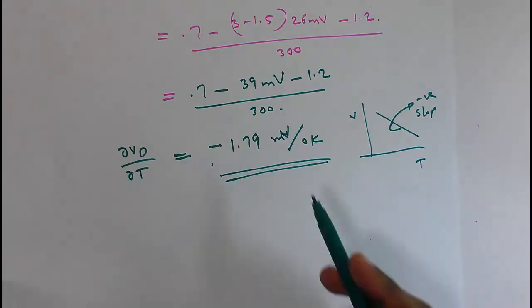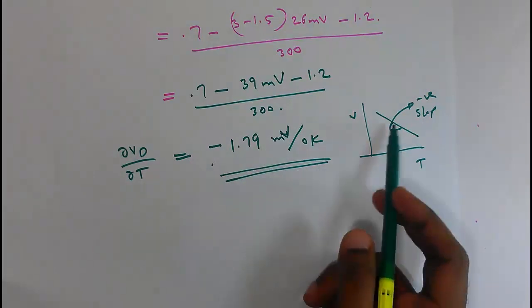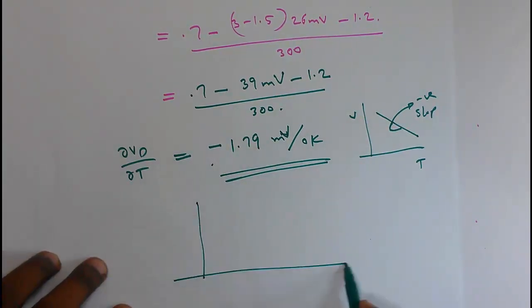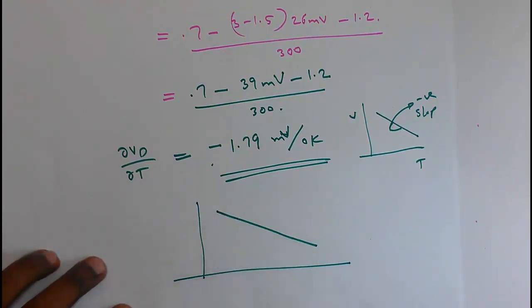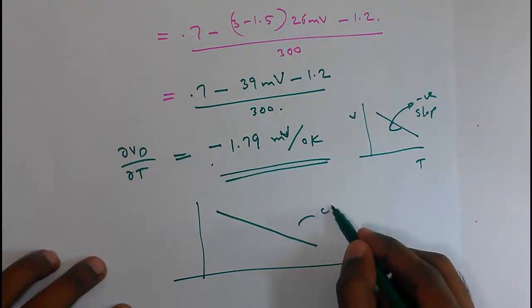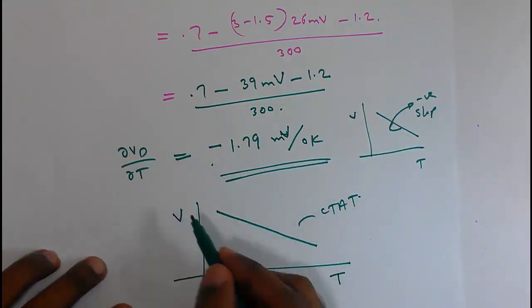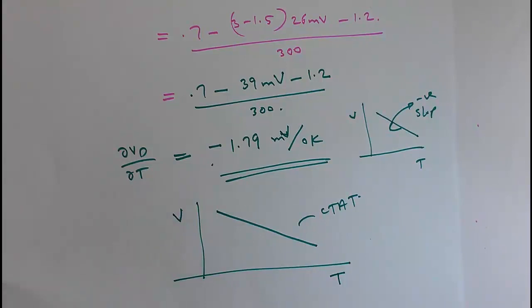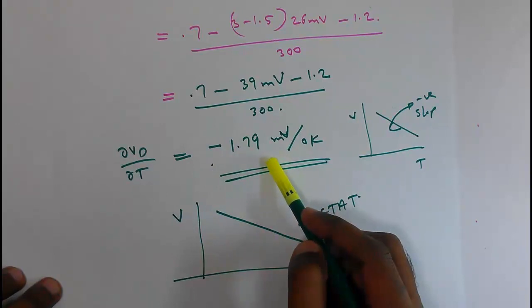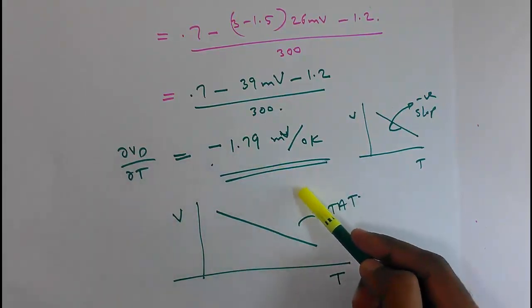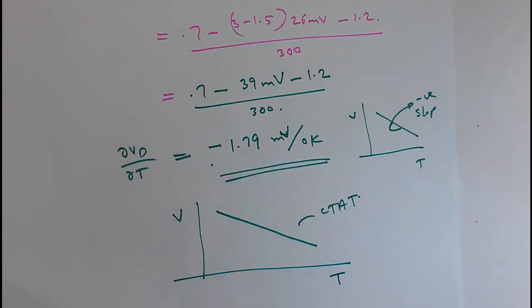Then we found the slope of the CTAT curve, and our summary of this discussion is, even if I0 is a PTAT, the voltage across the diode is CTAT in nature, and the slope is near to 1.79 millivolt. And this is not a very correct value. This value very much depends on the Vd, that is the voltage across the diode.